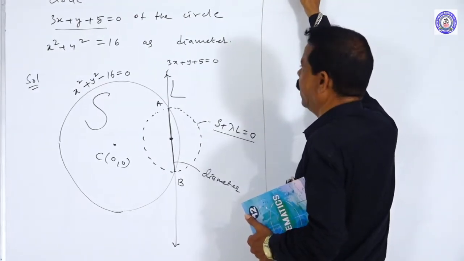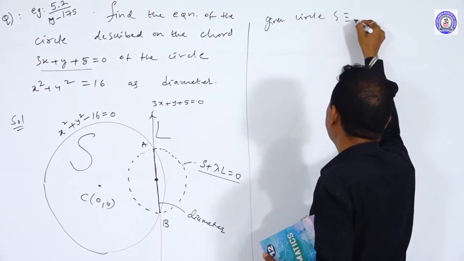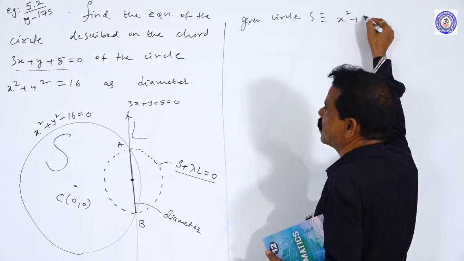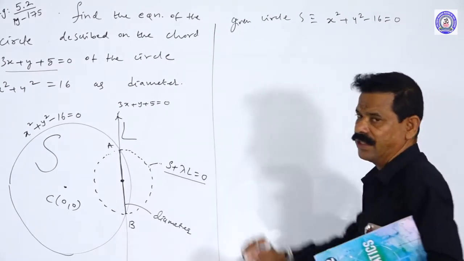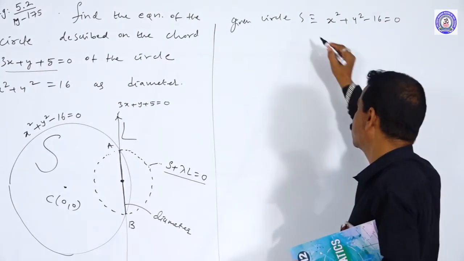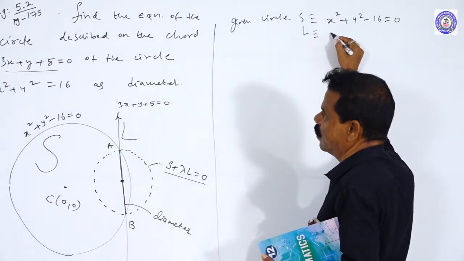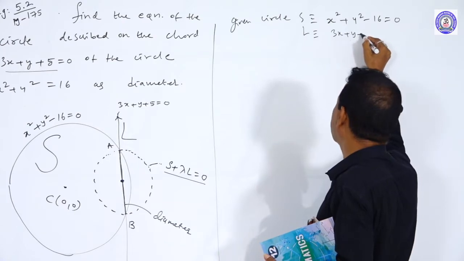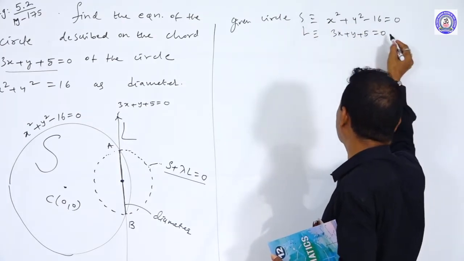So the given circle S is x square plus y square minus 16 is equal to 0. It is also written in circle form. And L is 3x plus y plus 5 is equal to 0. Simply S is equal to 0, L is equal to 0.